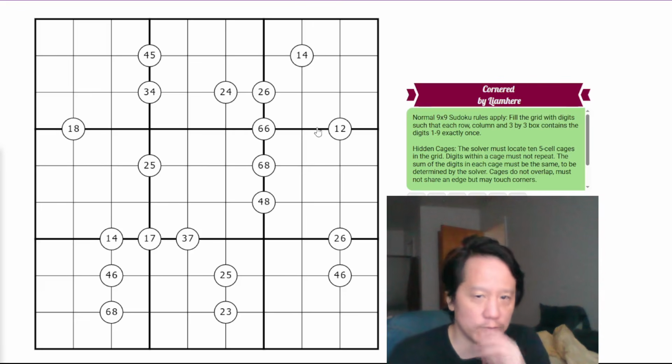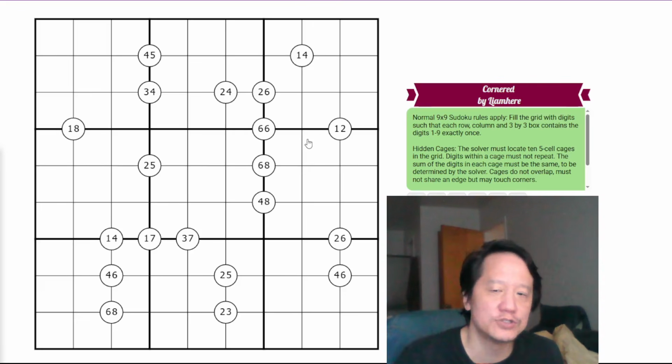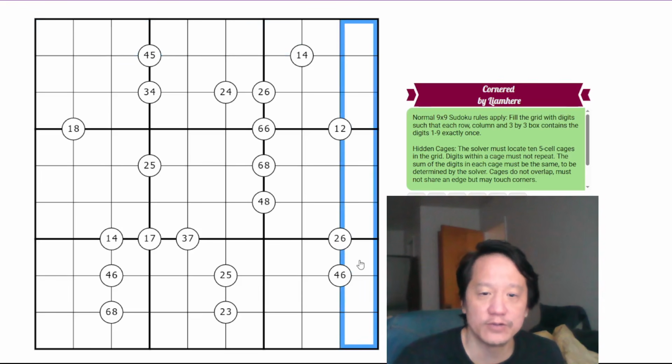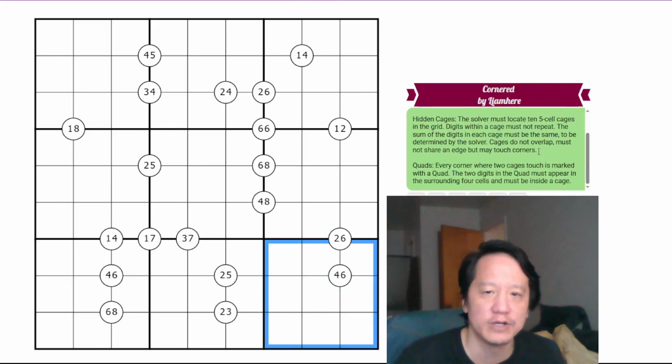Normal 9 by 9 Sudoku rules apply, which means fill the grid with digits such that each row, column, and 3 by 3 box contains the digits 1 through 9 exactly once.